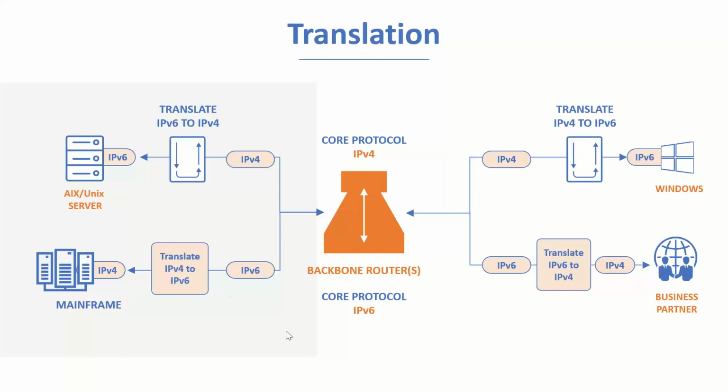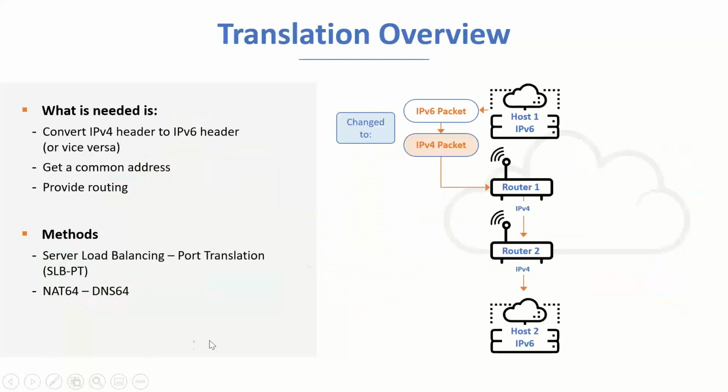So basically, the idea is that if you've got something which is talking V4 only, then depending on what it is, you rewrite the header to go from what you need, and then translate it back if you need to, or not.